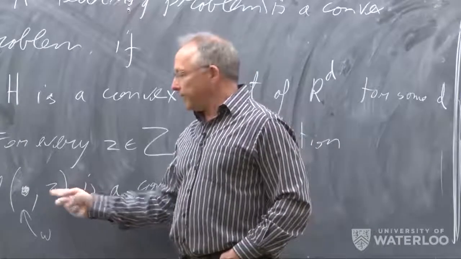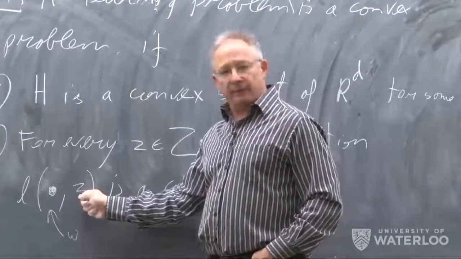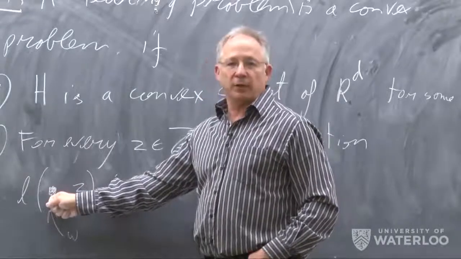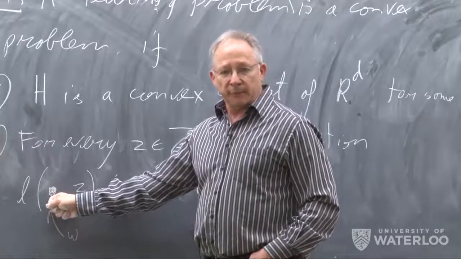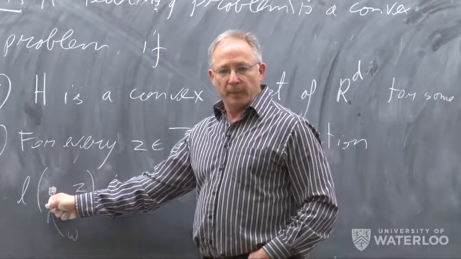So I wanted to emphasize which parameter I'm talking about. I'm fixing Z, and once I fix Z, the loss becomes just a function of the H that I put here. As a function of H, I want it to be convex. But that's a good point.